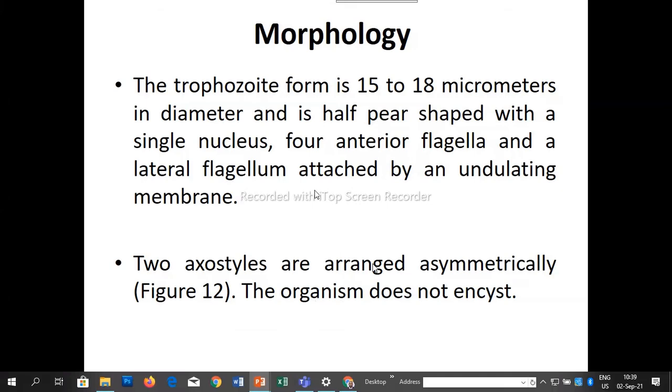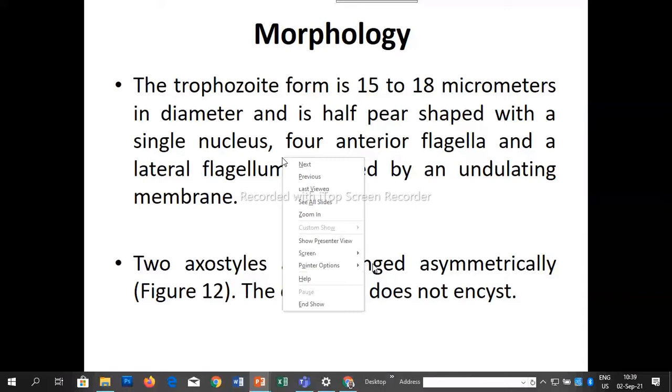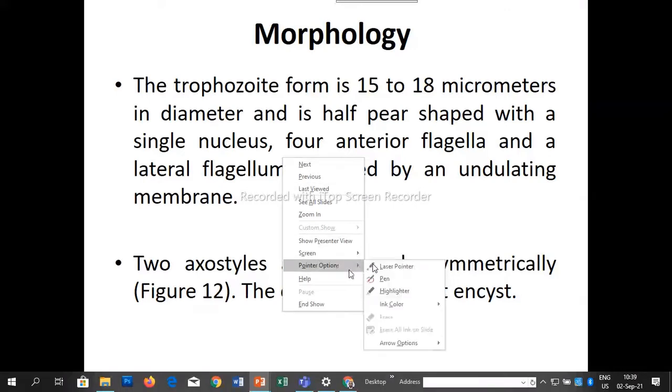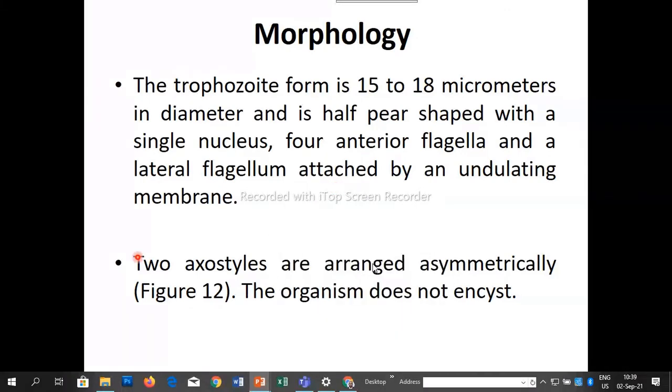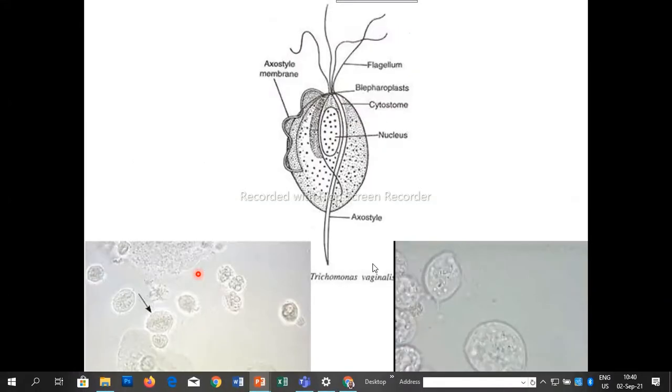There are 4 anterior and 1 lateral flagellum. They are attached to an undulating membrane. There are 2 axostyles arranged asymmetrically. Organism does not encyst. This is an exception. Trichomonas never forms a cyst. It is always a trophozoite. Infective stage is a trophozoite.